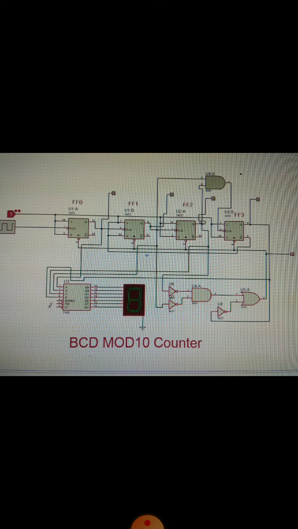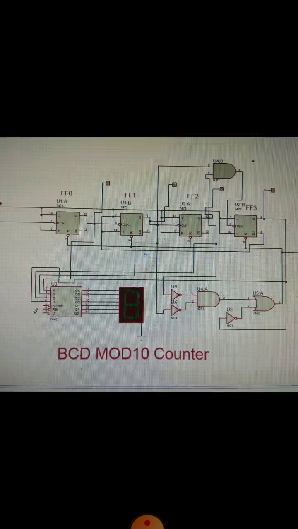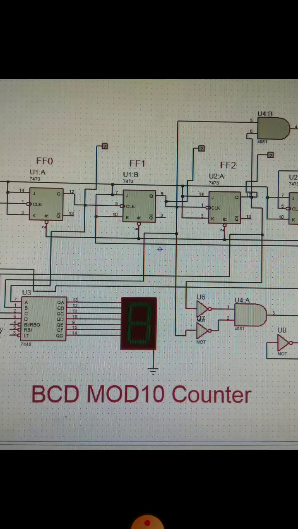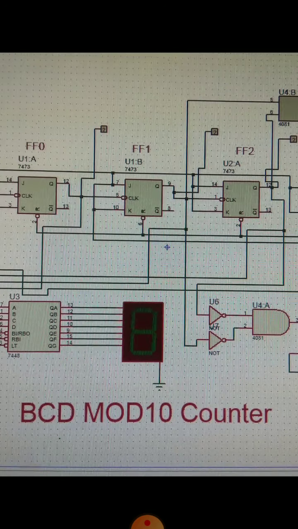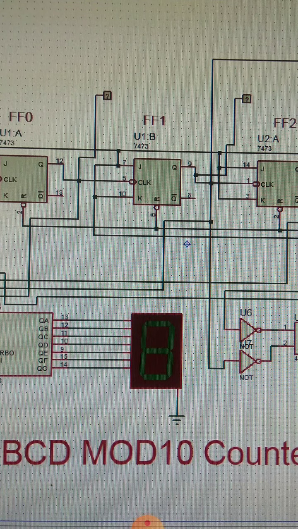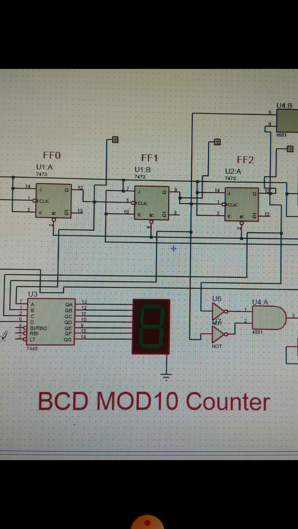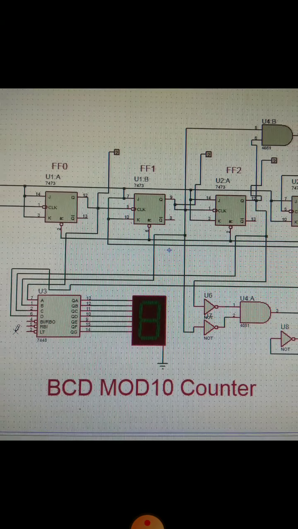And logic probes are used at the output of your FF naught. You can see this is your logic probe with the question mark sign, so you can check the output 0 or 1 on this.